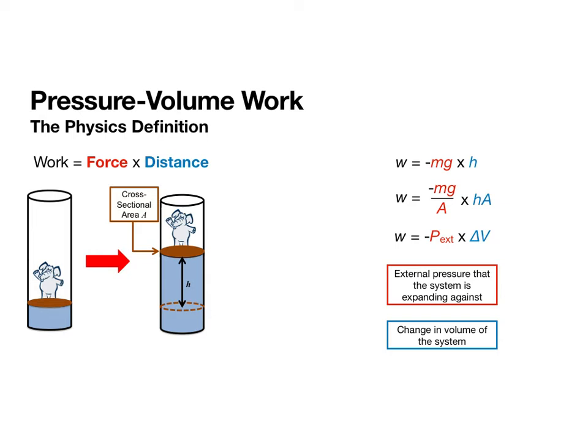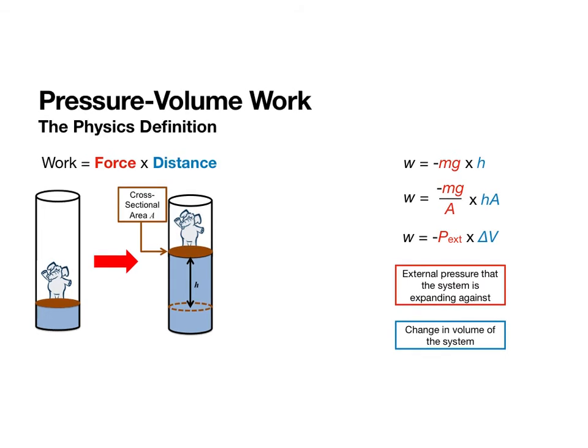So if we start with our physics definition of work, where we've got force, mass times gravity, times distance, which we're going to call h, and we play a little trick and we divide the force by area and we multiply the height by area.